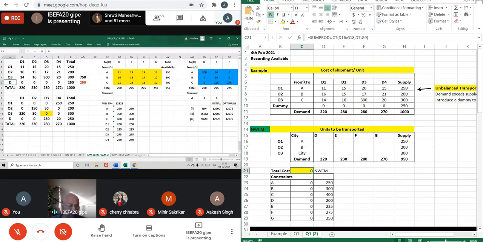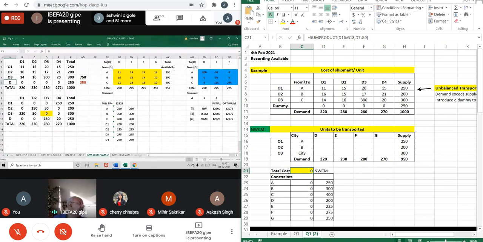Because we have seen today the algorithm for balanced transportation problem. But if it is unbalanced, first you make it balanced.